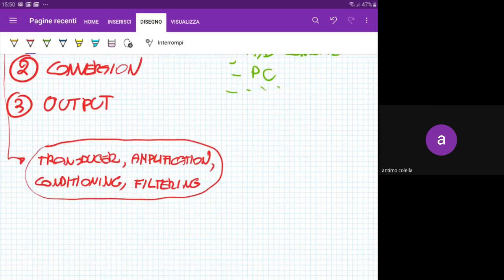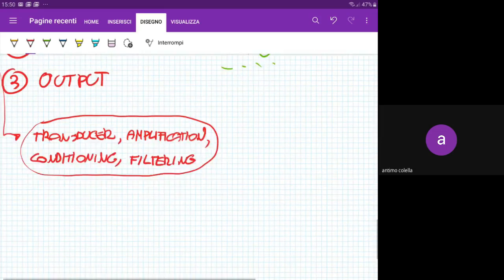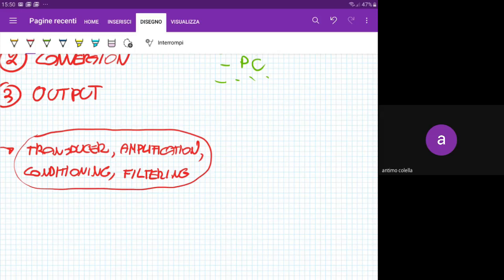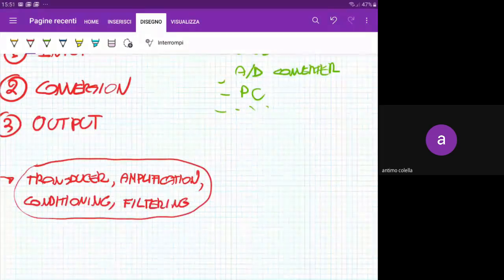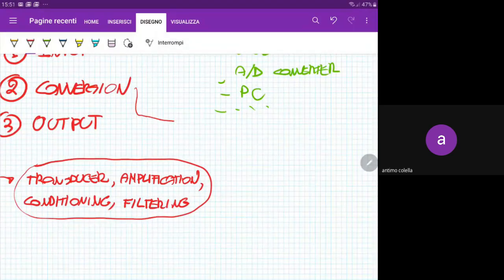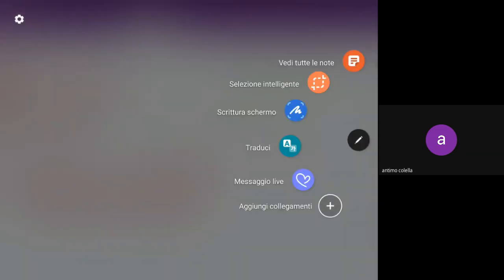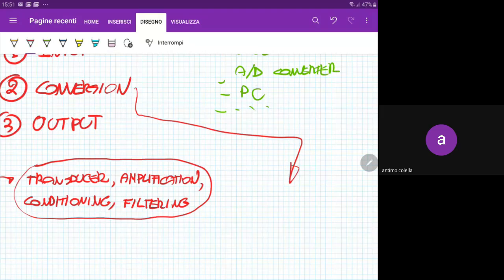Then conversion. Conversion is very easy to see because, as I told you before, we are dealing with the analog to digital conversion, because we are living in a digital world.